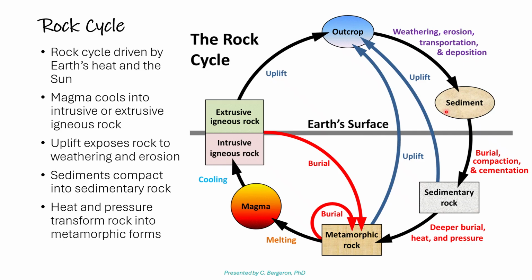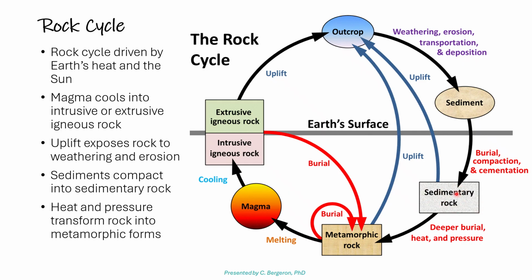And as it is compacted, it starts to become cemented. So this here is describing a process of lithifying the rock. Lithification, or the process of diagenesis, is the term for that burial, compaction, and cementation that will make sediment turn into a sedimentary rock.